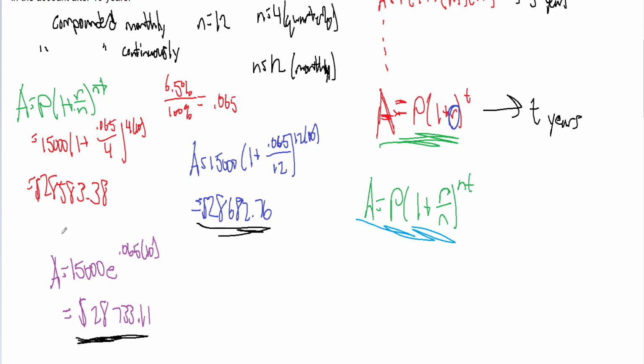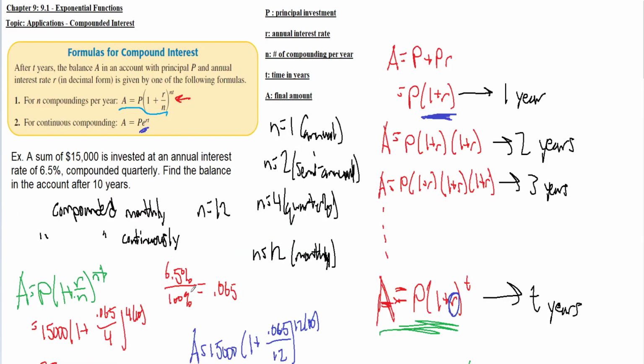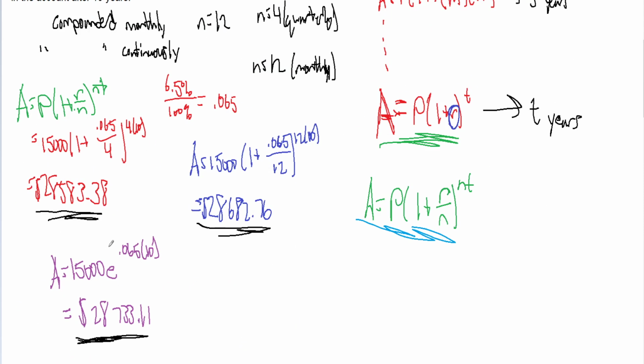If you notice, the continuous amount is greater than both the monthly compounded and the quarterly compounded. The reason behind this is that when we compound continuously, it's essentially like a limit on the amount of money that we'll end up with. You can verify this by having n be equal to 100, 1,000, 10,000, or even up to 100,000.